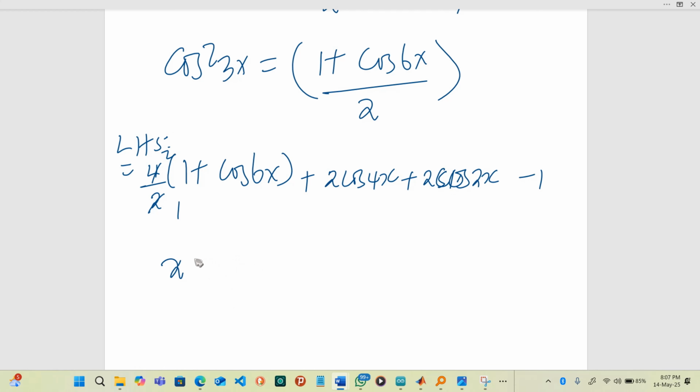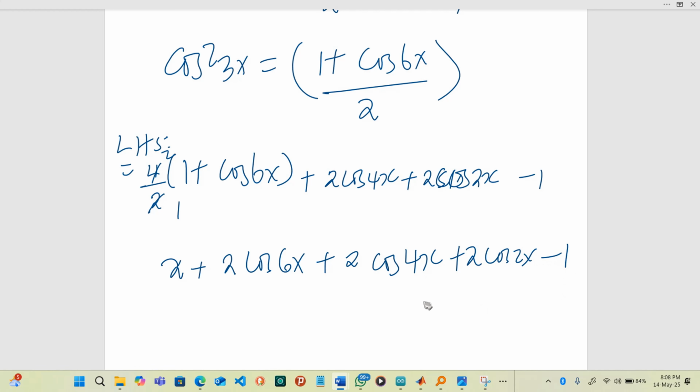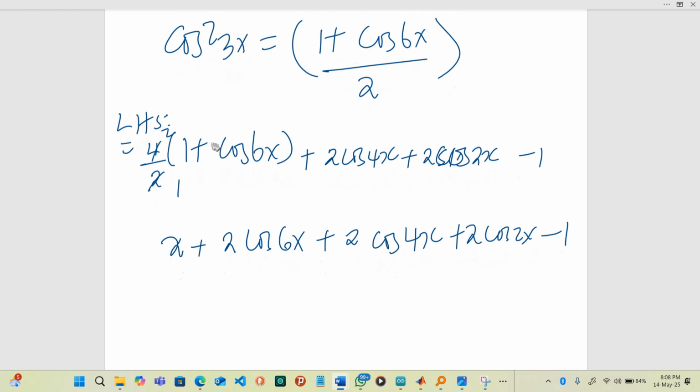So here we'll have 2 plus 2 cos 6x plus 2 cos 4x plus 2 cos 2x, then minus 1. So 2 minus 1 will remain with 1.